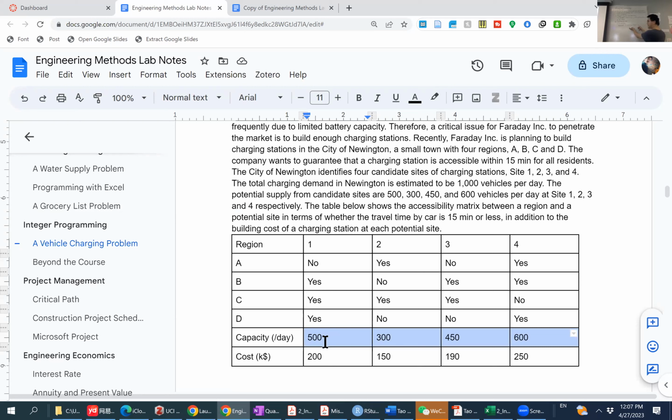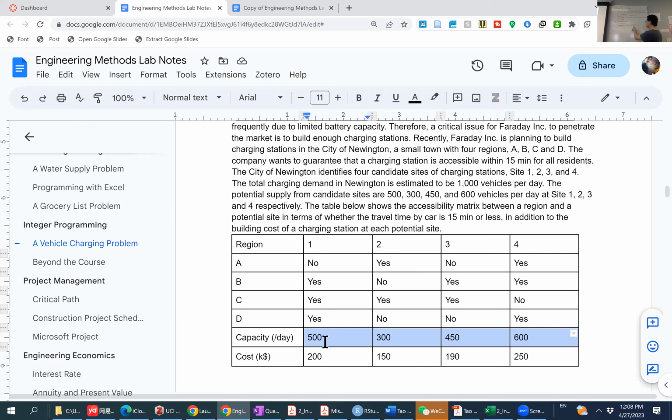We constructed the left-hand side of the constraint, saying that if a charging station is built at site 1, it doesn't really affect residents from region A because the coefficient is 0. However, if it's built at site 2, then x2 equals 1, and in front of it, the coefficient is 1. So the usable charging stations for region A will equal 1 if x2 equals 1.